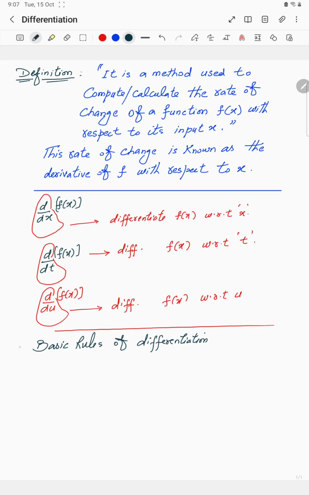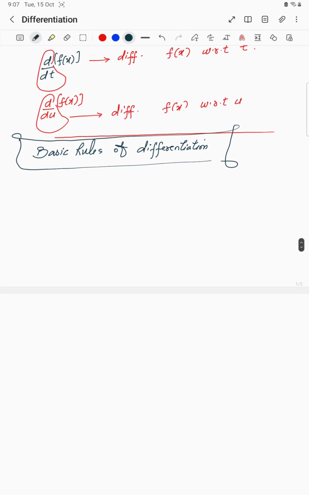Although these rules will be given to you in the formula sheet MF19 during the exam, we need to know a few. In practice we will memorize these, and we need to know how these rules are implemented for a certain question.